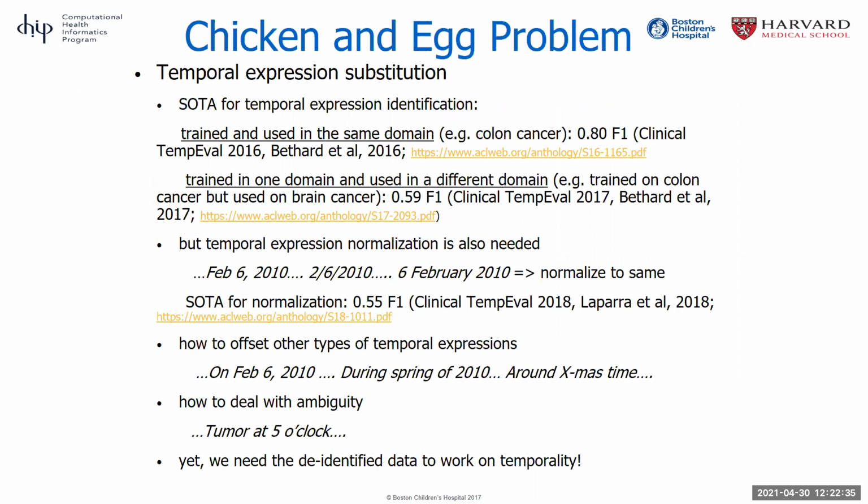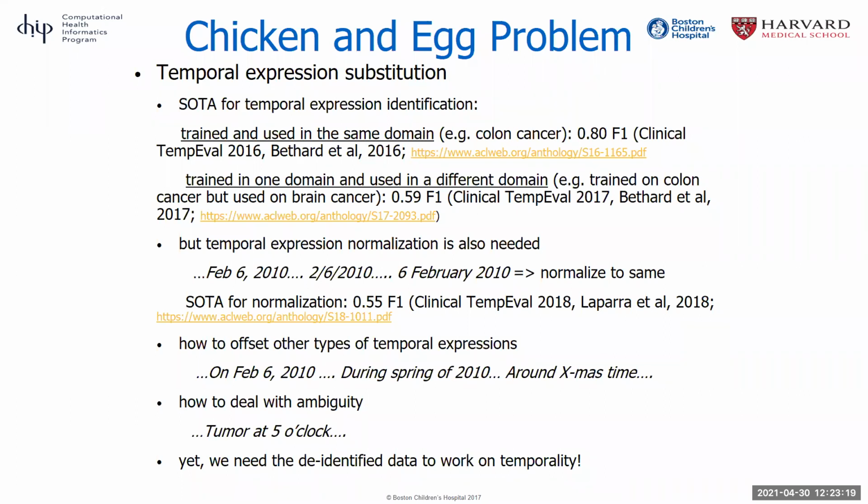The state of the art for temporal expression identification, trained and used in the same domain, so no domain adaptation, is 0.8 F1. However, if a model is trained in one domain but is used in a different domain, we see degradation for temporal expression identification. The F1 now falls to 0.59. But then we also need to normalize these temporal expressions so that the same date is substituted with the same de-identified shifted date.